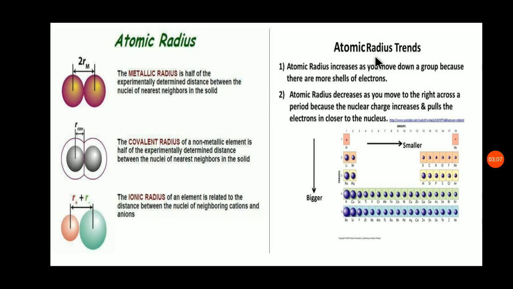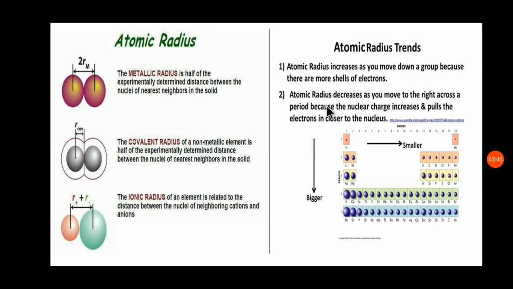The atomic radius trends. The atomic radius varies as we move down the group: nuclear charge decreases, and size increases because the extra electron enters a new subshell.